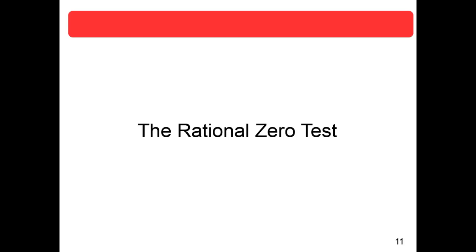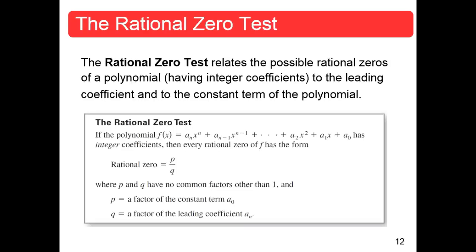Now, it only will find the rational zeros. It will not find irrational zeros. It will not find complex zeros. But at least it gives you some zeros that you can start finding, and then usually you can come up with the rest of them, or most of the rest of them anyway. Okay, so here we go. No questions before we get started.